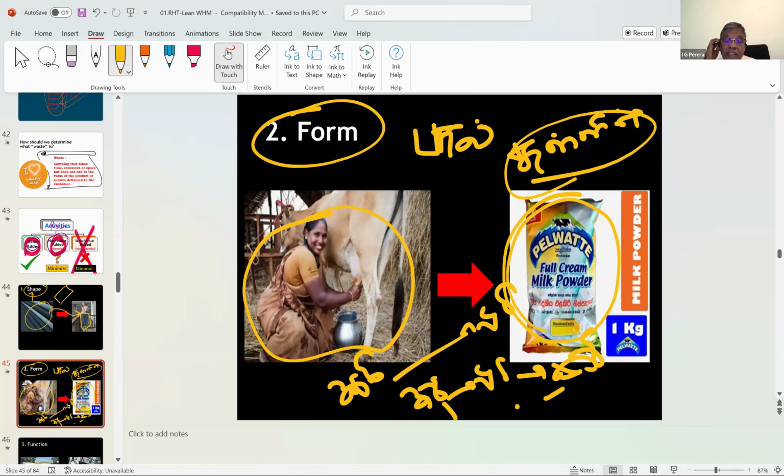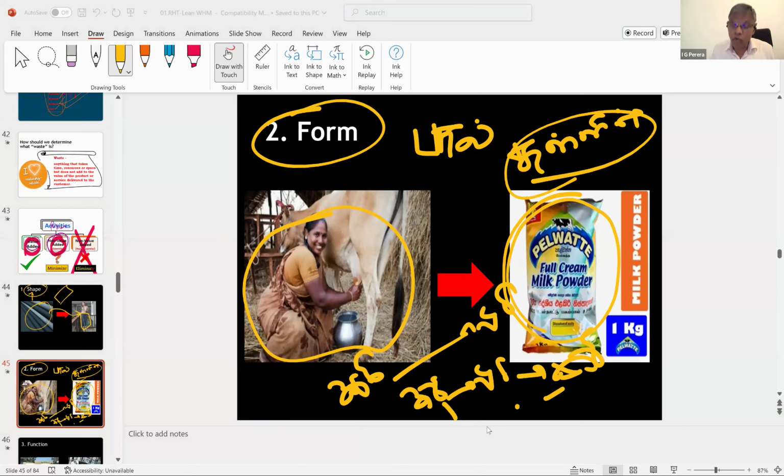What are we changing? In this case, what are we changing? We are changing the form or we are changing the composition. එතකොට අපි කස්ටමර්ට කැමති විදිහට මේක වෙනවා නම් ඒකත් value adding function එකක්.